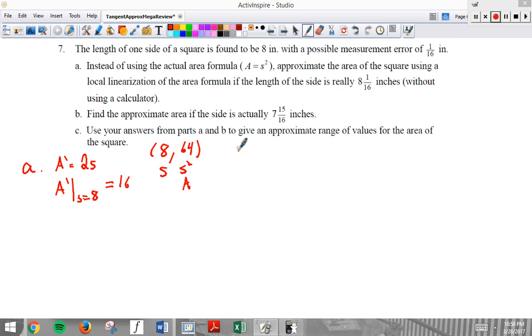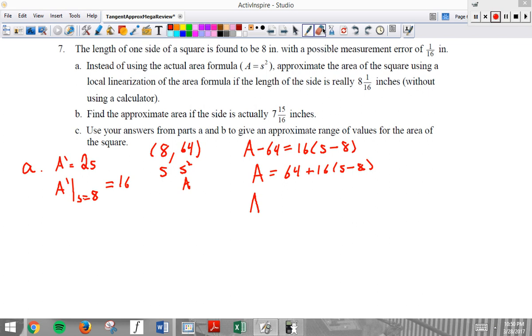So the tangent line approximation would be area minus 64 equals 16 times the side length minus 8, or 64 plus 16 times side length minus 8.